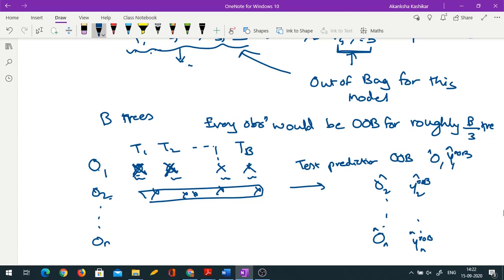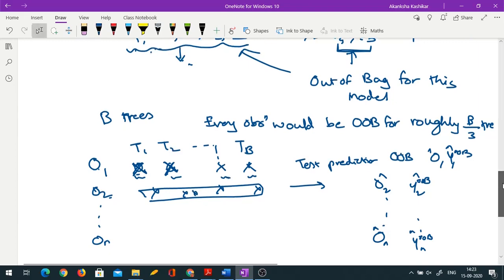That becomes your out of bag error, and out of bag error is a good indicator of the test error. So far so good? This is how bagging works. You aggregate over multiple trees and then take out of bag error as the estimate of test error.